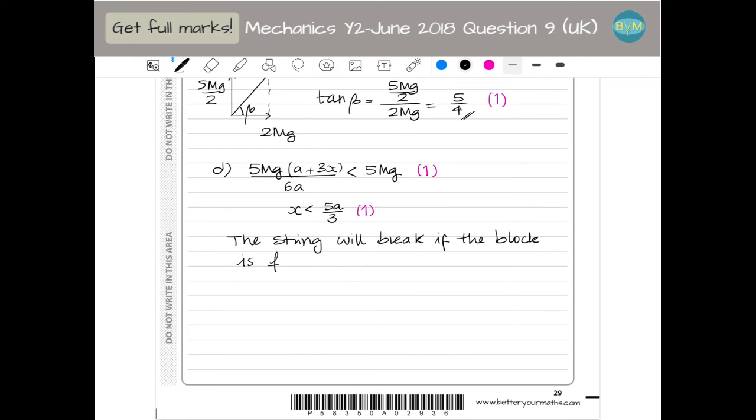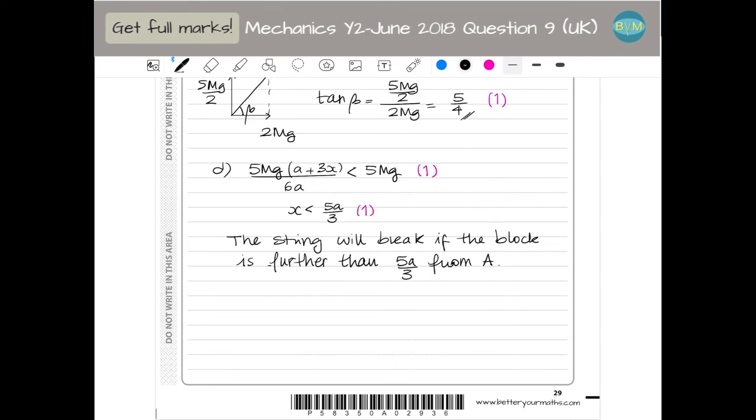So x must be smaller than 5a over 3. So if it's farther than 5a over 3 from A, or something like that.